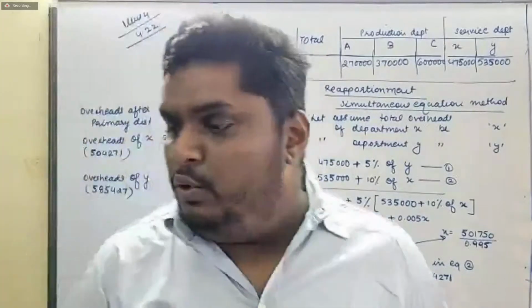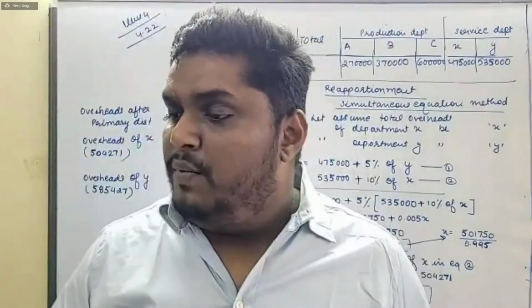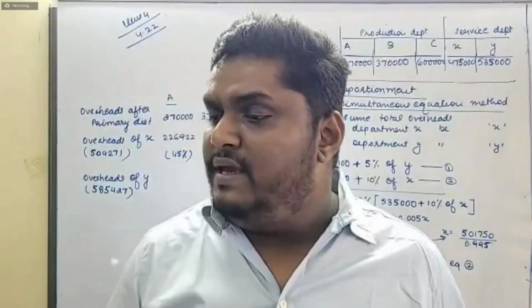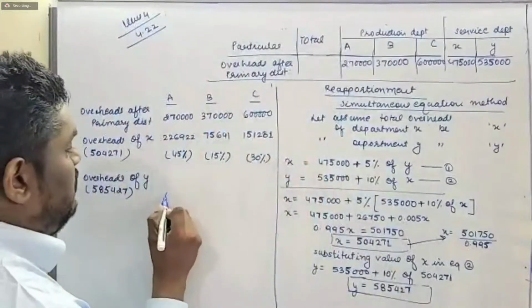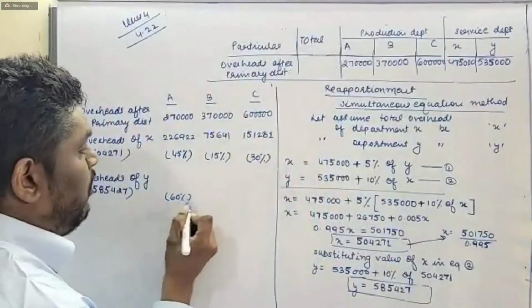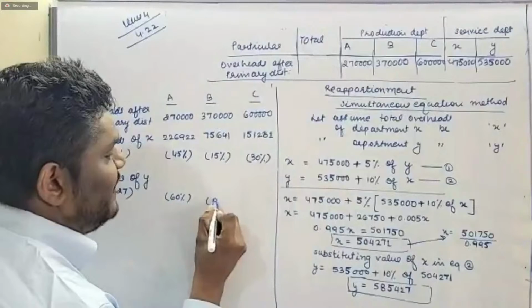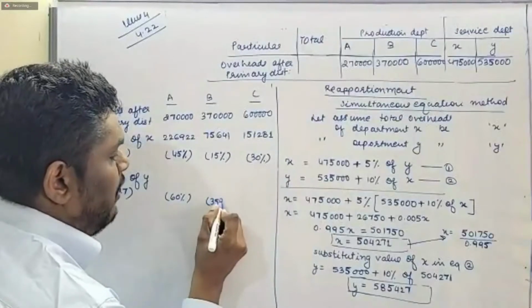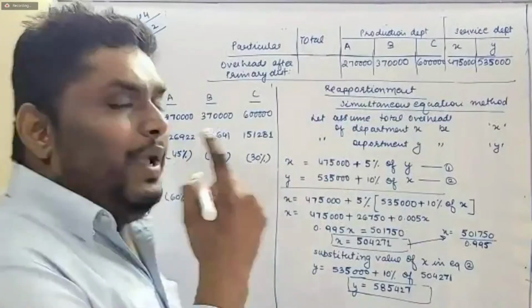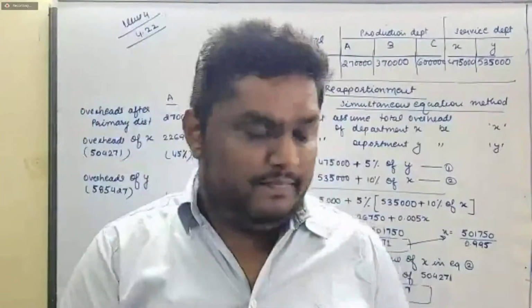This is to be distributed among production departments A and B in the ratio of 60% to 35%. Again, the balance 5% that is distributed to X is to be ignored.